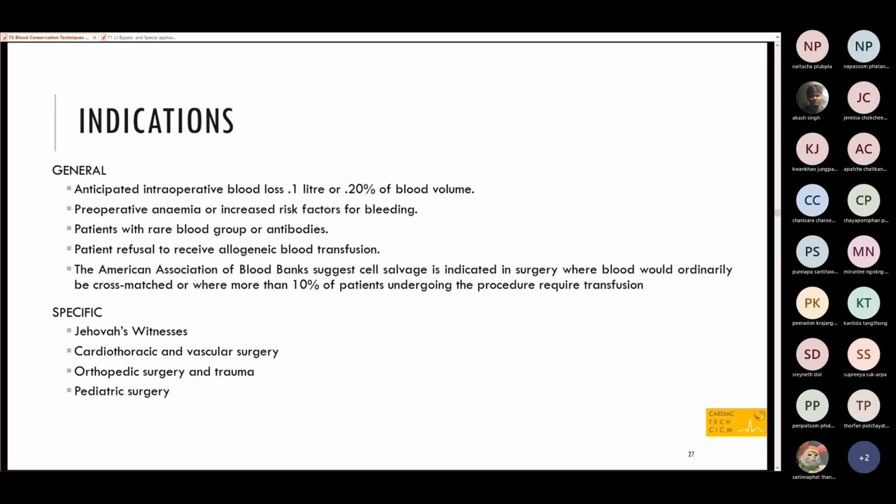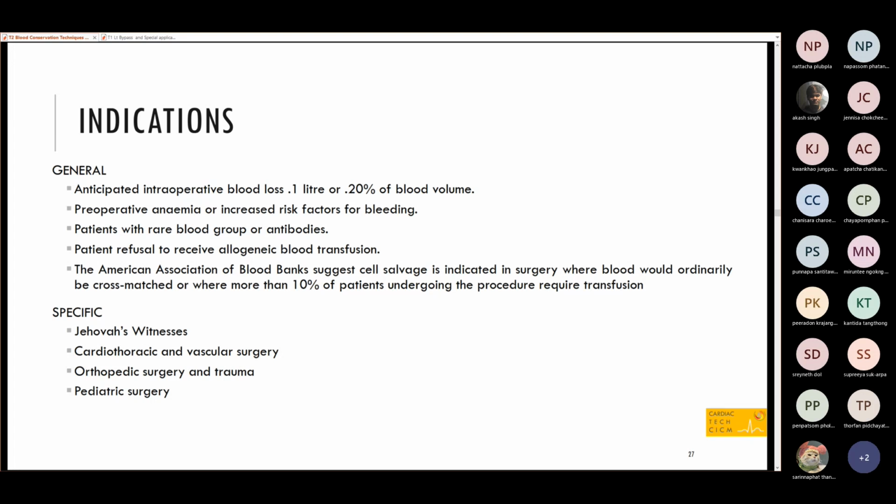So to preserve the blood and recycle it, the cell saver is a good choice. Also in traumatic cases like accidents or anything else, we can use the cell saver.